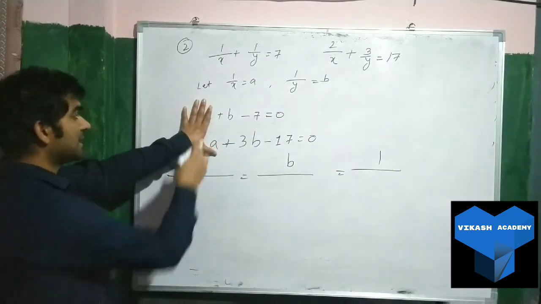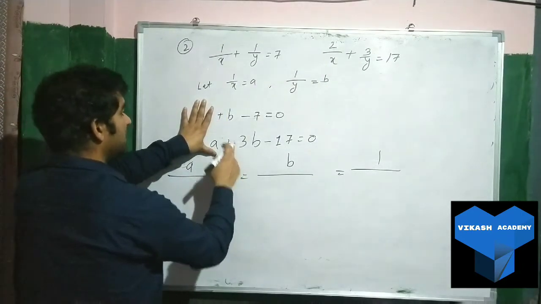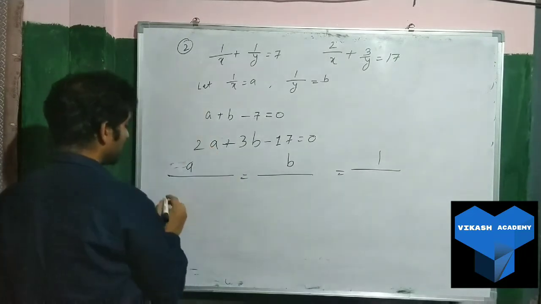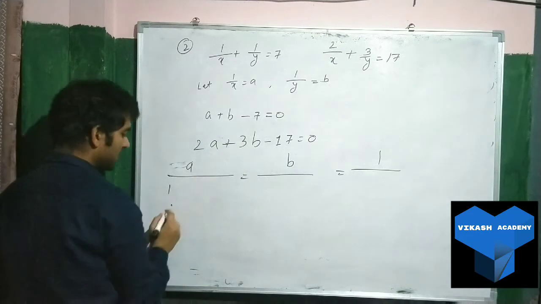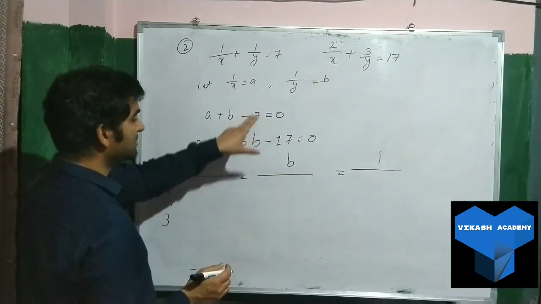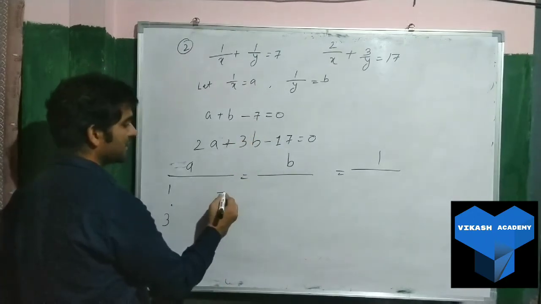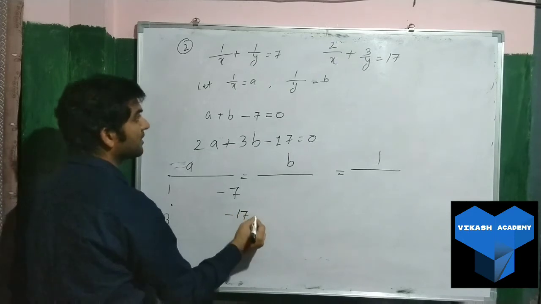For this one you will cover this and take the coefficient. 1 and 3. So you write here 1 and 3. Then coefficient C1, C2. So C1 is minus 7. Then C2 here minus 17.